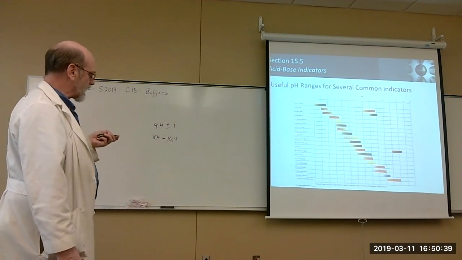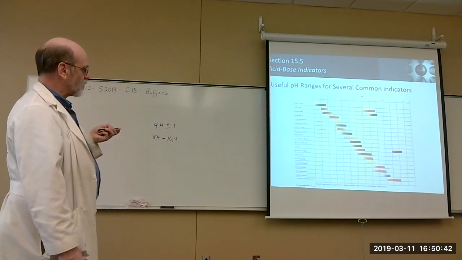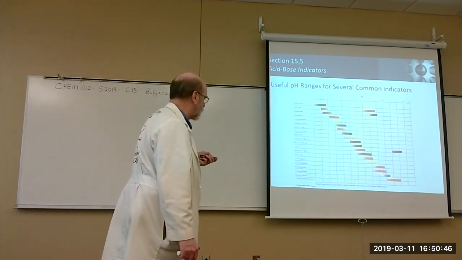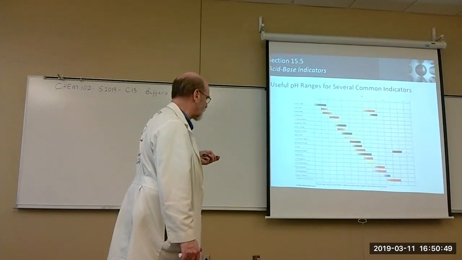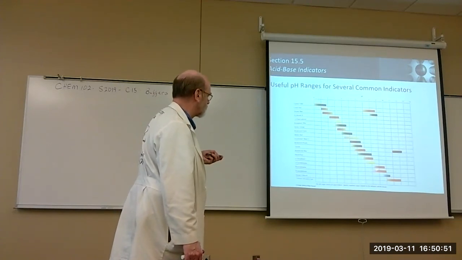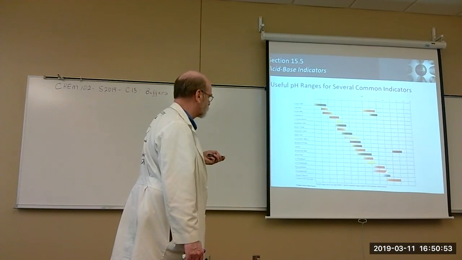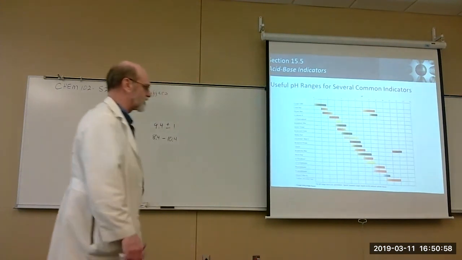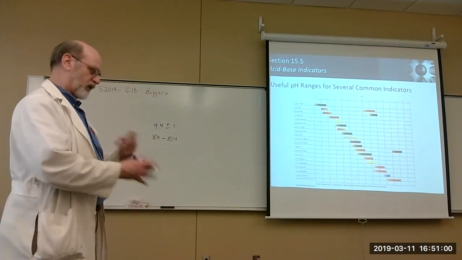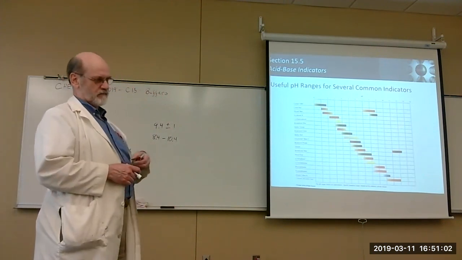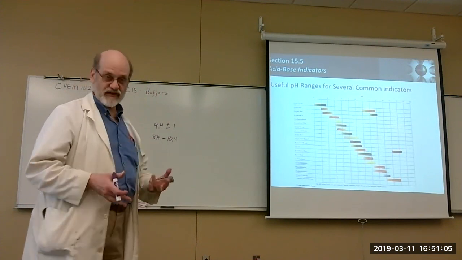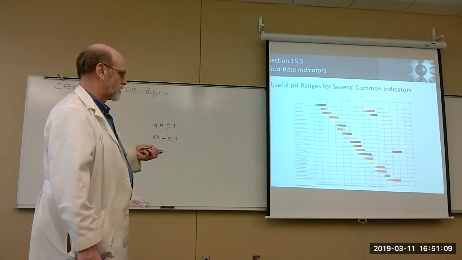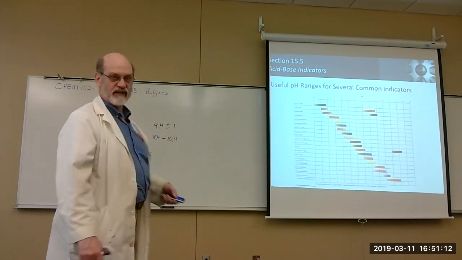And there's the indicator. There's its ideal pH range, right? So let's see, we should be down here. Phenolphthalein would be right in here, right? So it's right in there. In fact, it doesn't go up to 10, right? Up to 10 is too high. So plus or minus 1 is an idealized range. These are the true ranges based on empirical evidence.